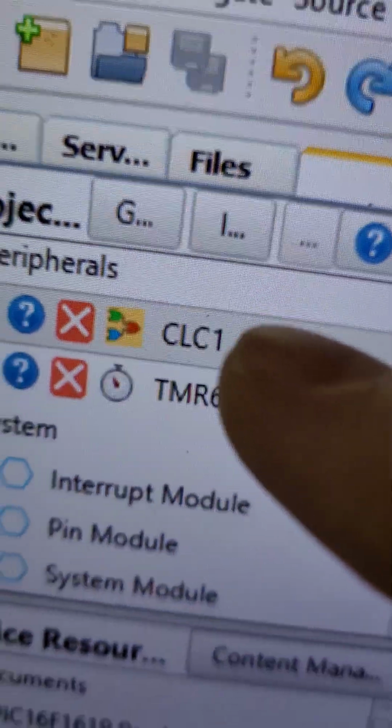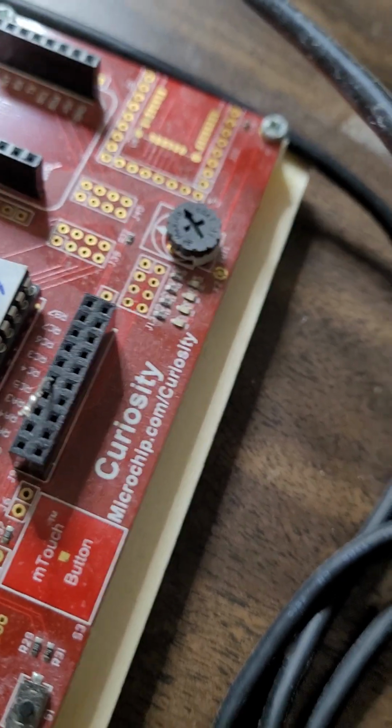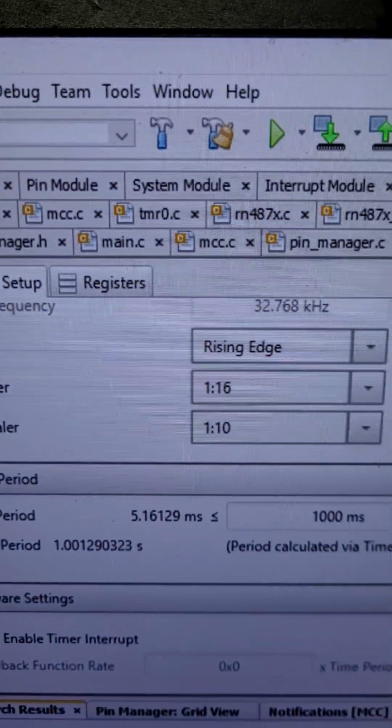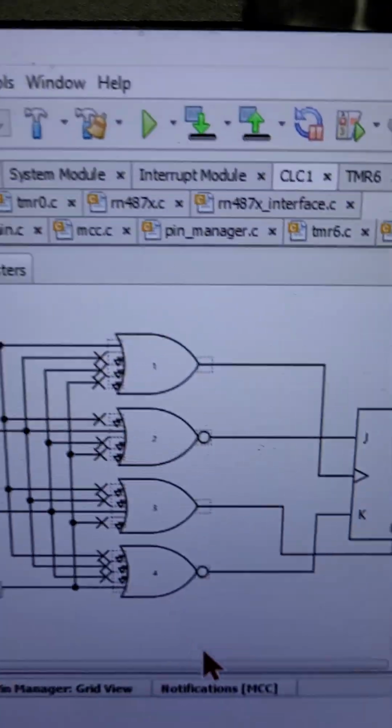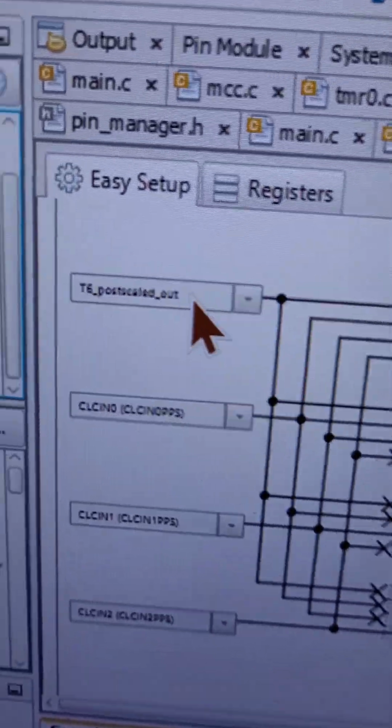The CLC logic cells cause the LED to blink on and off. Let's analyze this beast, how this miniature beast is working. Basically, this is timer 6.